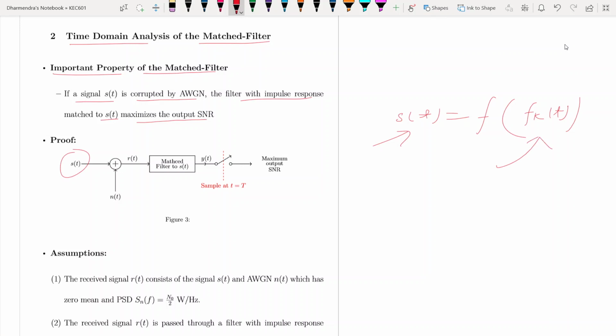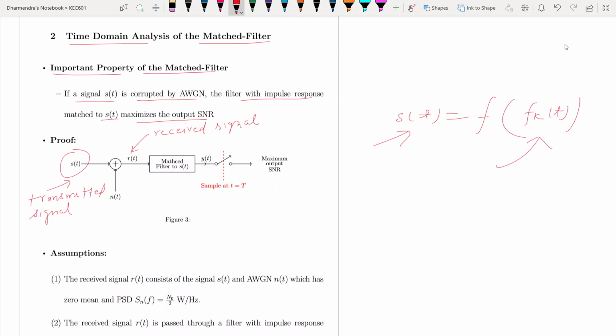Okay, so this is a block diagram of the matched filter of a single branch, for one-dimensional digitally modulated signals. s of t is the transmitted signal, r of t is the received signal, and this is input to the matched filter. The matched filter should match to s of t.